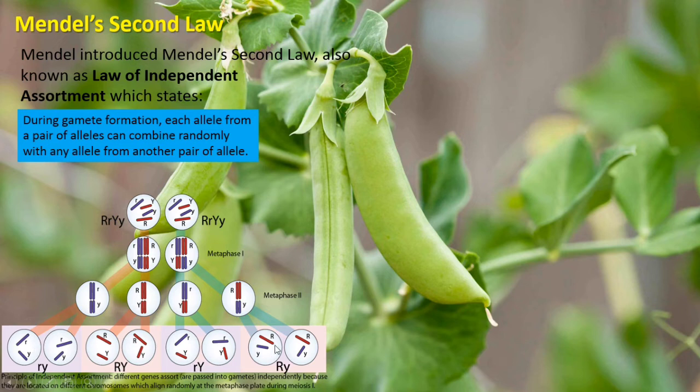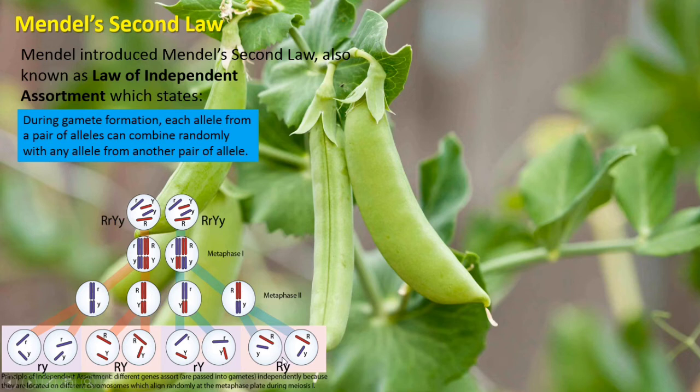Okay, so kalau heterozygous seperti ini, capital R, small r, capital Y, small y, dia akan menghasilkan kombinasi susunan yang secara rawak semasa metaphase 1 dengan metaphase 2 menghasilkan kombinasi gamete yang pelbagai.